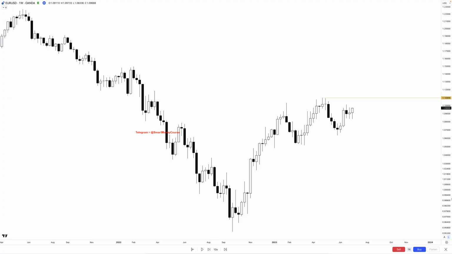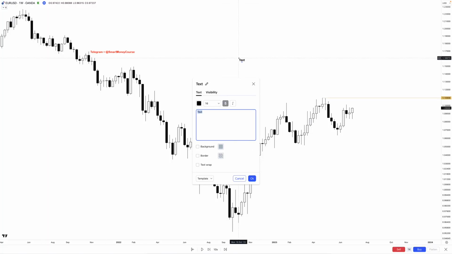Okay, so when we're looking at draws on liquidity, we want to be looking for several things. Let me just write this out for you. We want to be looking for ERL, so external range liquidity, which is swing highs and swing lows.